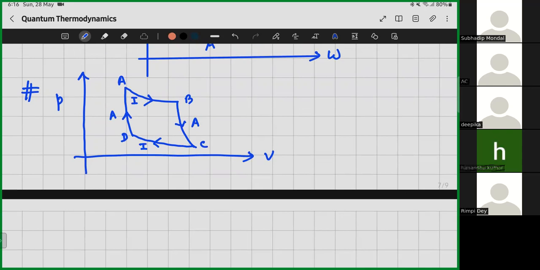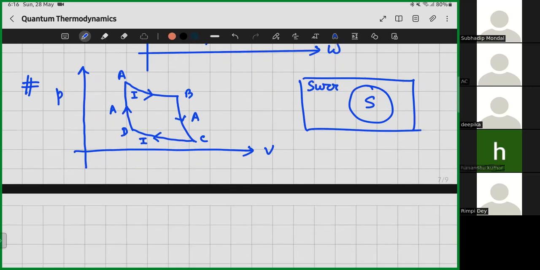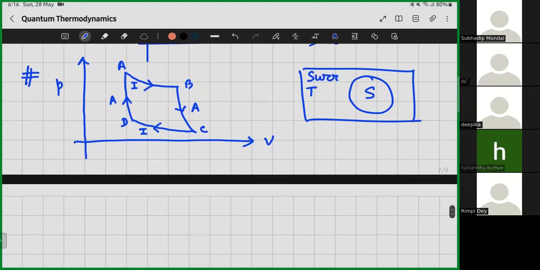Now if we consider the classical system connected with the surroundings, in traditional thermodynamics there is no time, but here we have introduced time. We define that the temperature of the surroundings is different from the temperature of the system. Then only can we introduce a time.